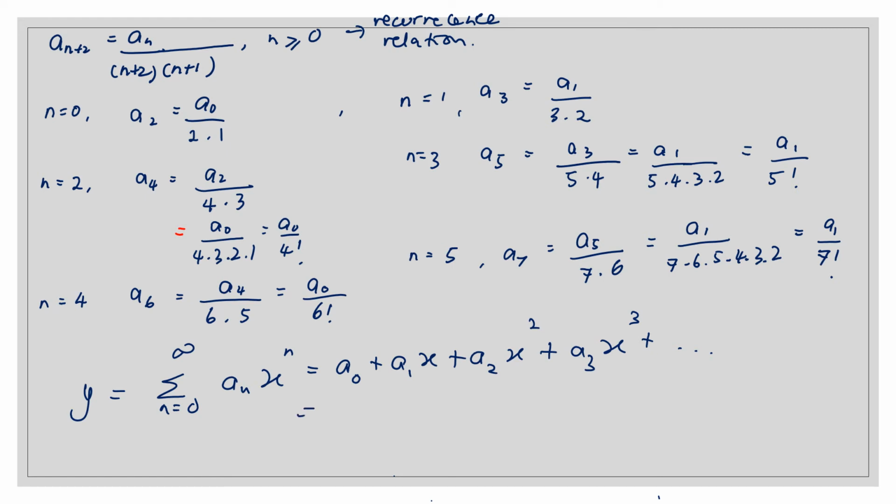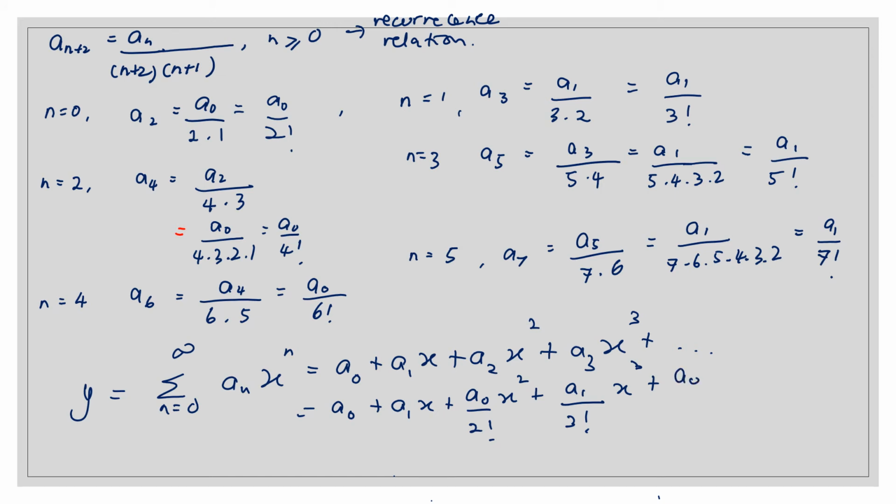Here a0 is arbitrary, a1 also is arbitrary. a2 we have a0 over 2 times 1, or a0 over 2 factorial, x squared. a3 we have a1 over 3 times 2, or a1 over 3 factorial. a4 we have a0 over 4 factorial x to the 4th. a5 we have a1 over 5 factorial x to the 5th.